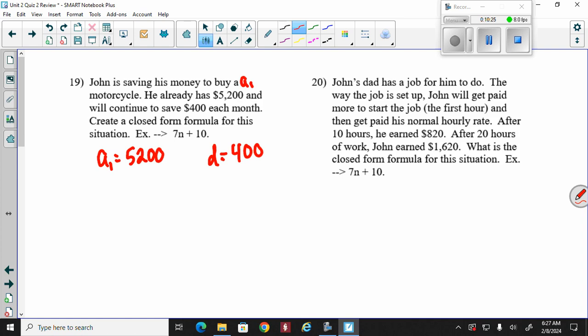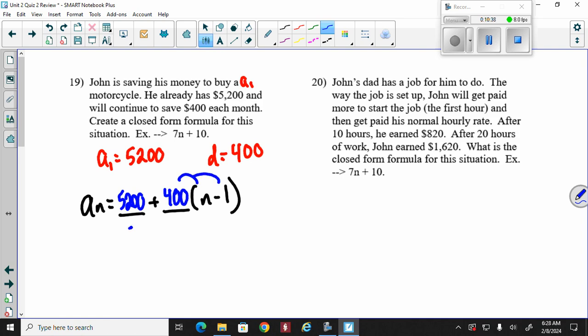In this case, everything worked out for us because we were given the information we need in order to do this. So my common difference is 400, this is 5,200, distribute, so that's 5,200 plus 400n minus 400. Combine the first, combine the last, 400n minus 400.